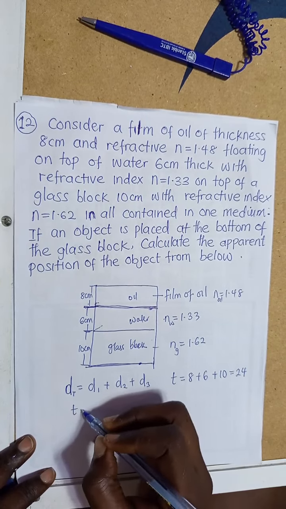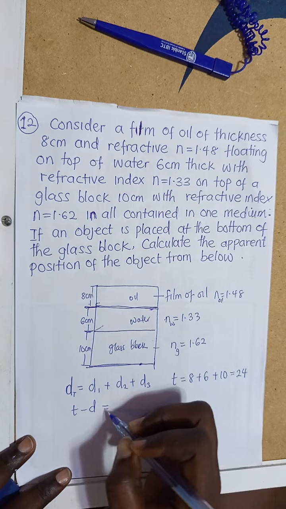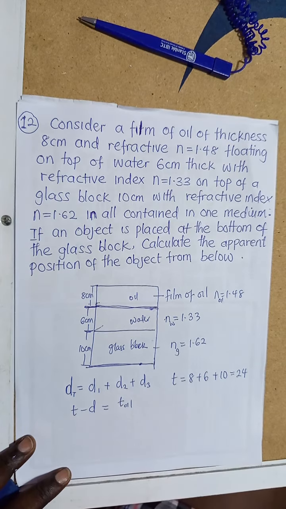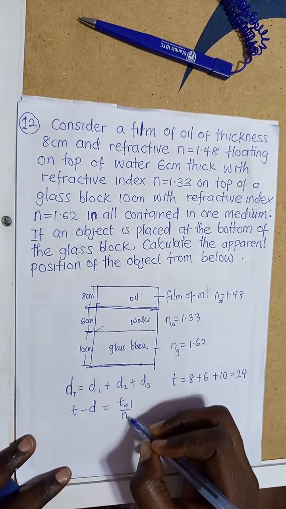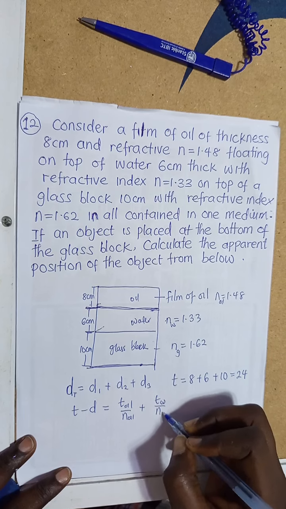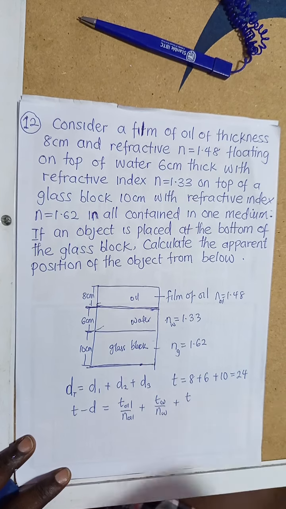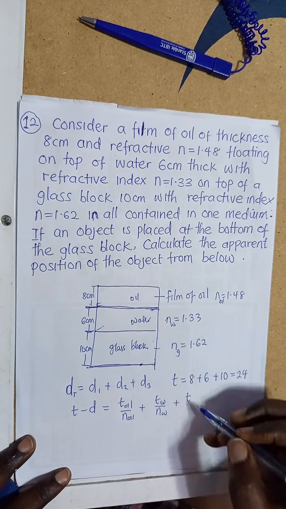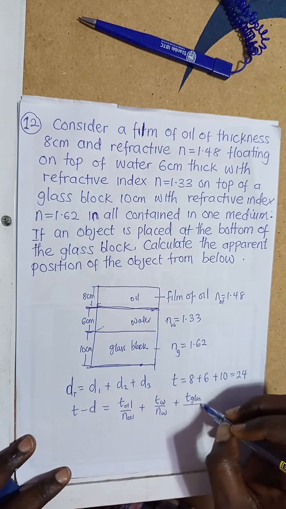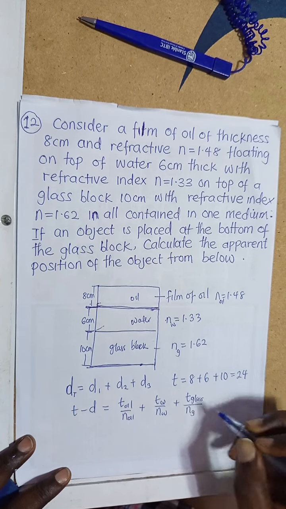Then we can use total thickness minus total displacement equals thickness of oil over n of oil plus thickness of water over n of water plus thickness of glass block over n of glass.